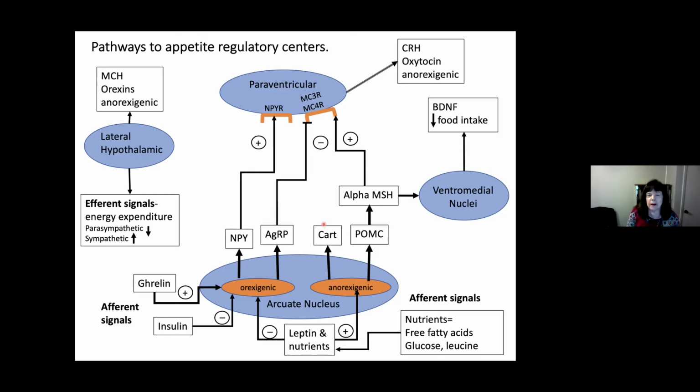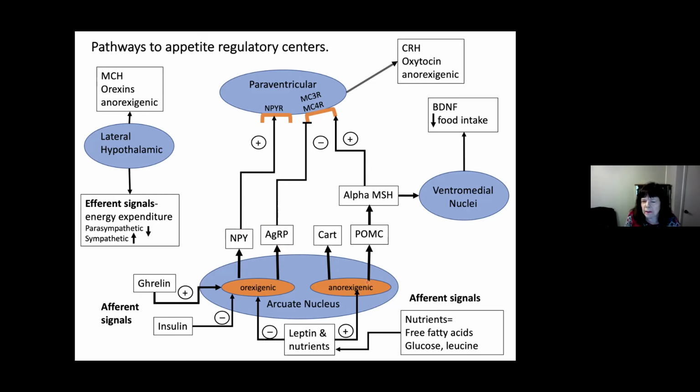And notice I don't have any arrows from CART because we really don't know where it goes. At the same time, it's stimulating the anorexigenic. Look over here, it is inhibiting the orexigenic. So it does double duty, makes darn sure these guys stop stimulating or even stop getting produced. So it will shut down our eating.